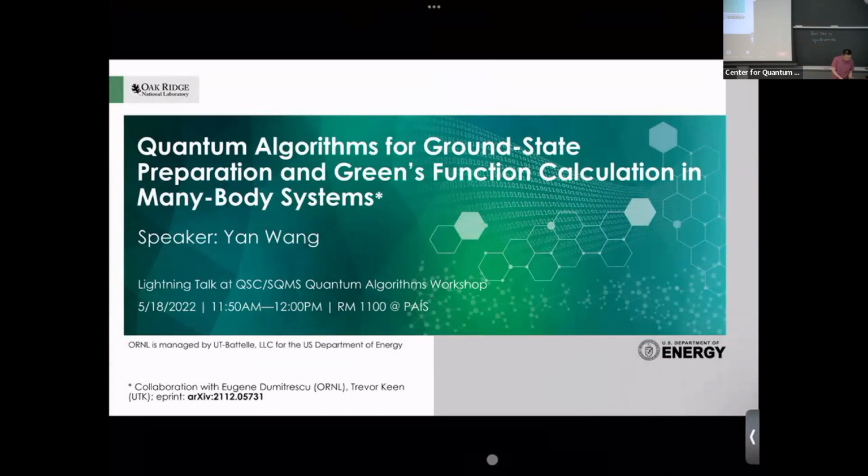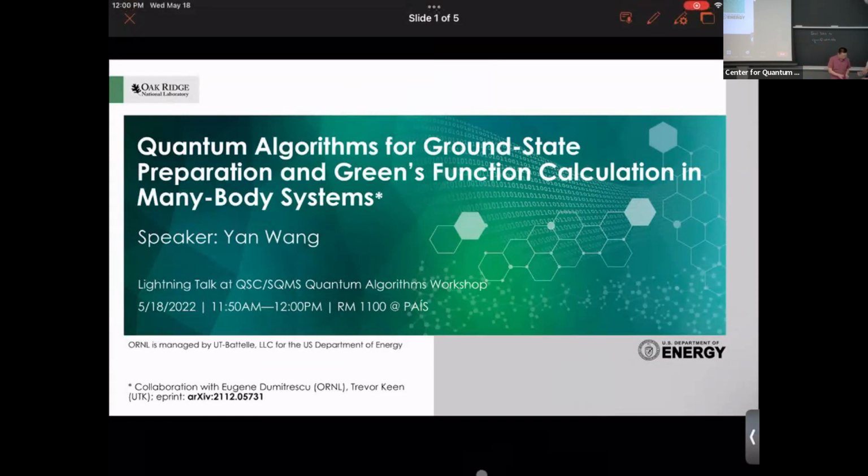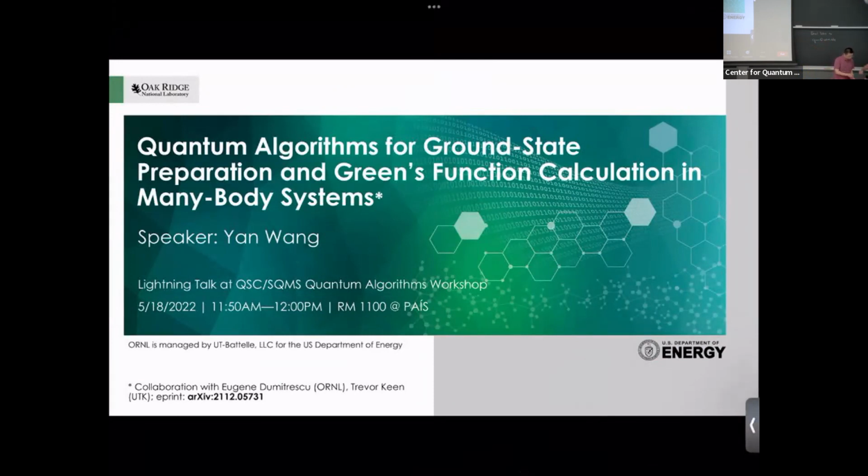So, hi everyone. I'm going to talk about the quantum algorithm for the ground state preparation and Green's function calculation in the many-body system.